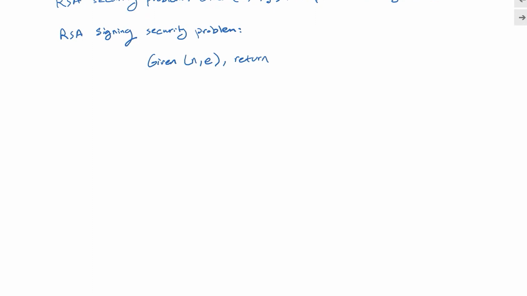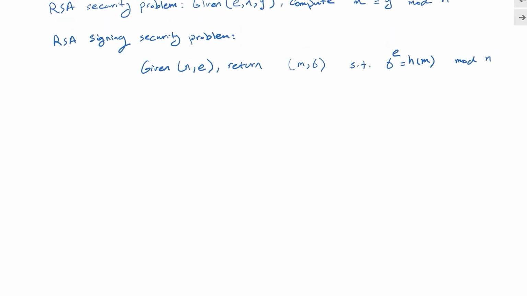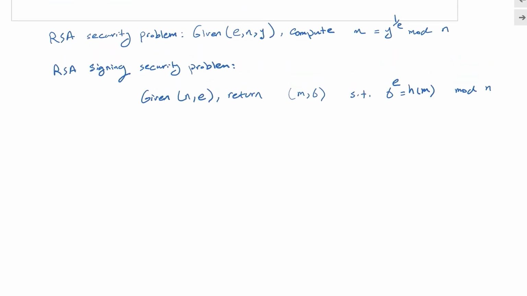But we are saying that if somebody can break this RSA signing security problem, it means that they can forge a signature without knowing the secret key. So return some m and sigma such that sigma to the e should equal H of m mod n, right? This way we make sure that the relationship between them is correct. So they are a little bit correlated to each other.